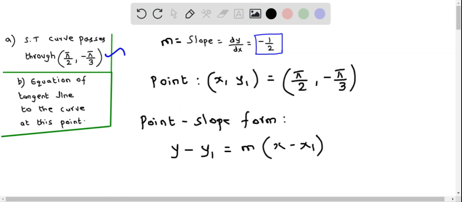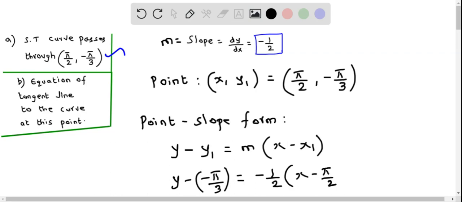So I'm going to plug in x1, y1 as pi by 2, comma negative pi by 3. So y1 equals negative pi by 3, so this becomes y minus negative pi by 3, and this equals the slope, negative half, multiplied with x minus x1, which is pi by 2.